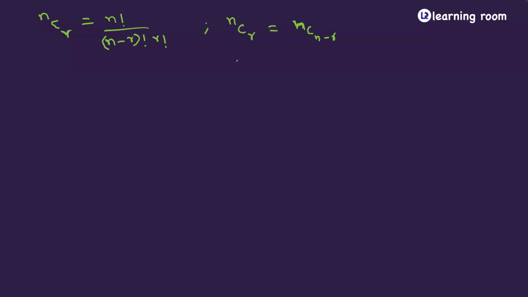Meaning, 5C2 is the same as 5C3. And this is the reason why the terms are coming out to be the same at the ends and in between also. So this is the property which is deciding what the coefficients of those terms are supposed to be. To put it simply, you need not memorize anything. It's a pattern.